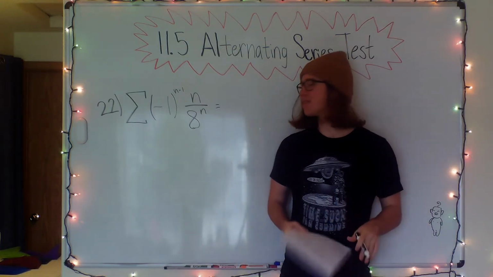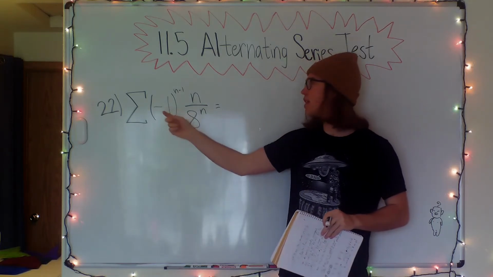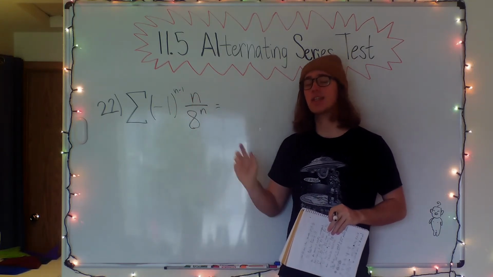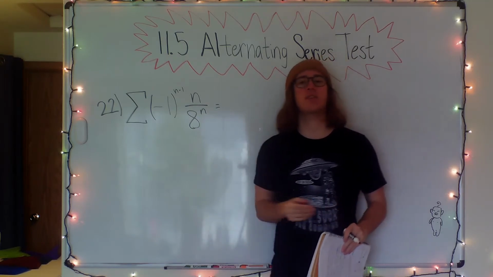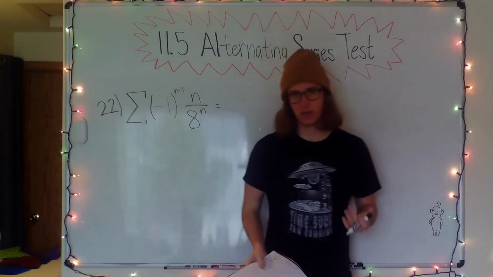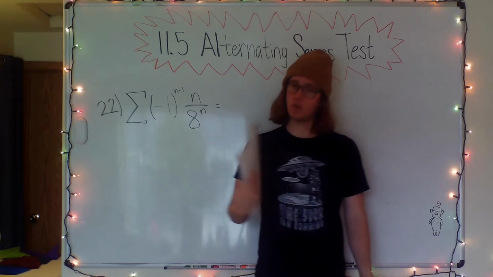So now we're asked to estimate the series, the sum of negative 1 to the n minus 1 times n over 8 to the n, to 4 decimal places. First off, is this a convergent series? Well, we actually don't need to know that. Or do we?